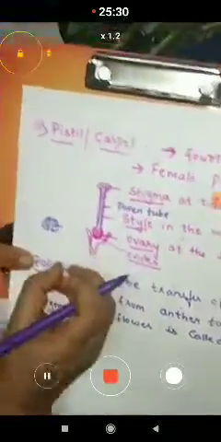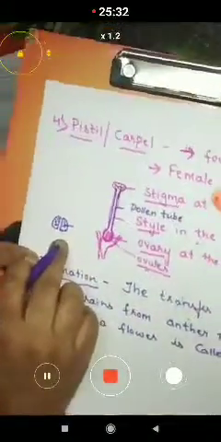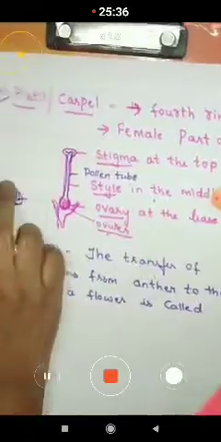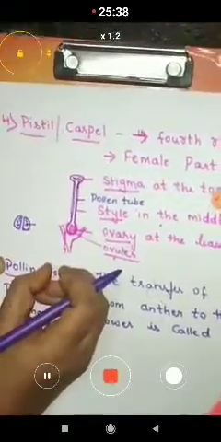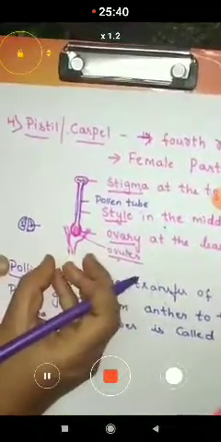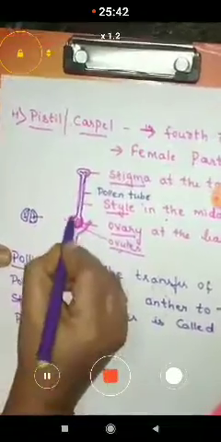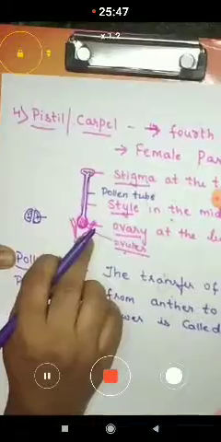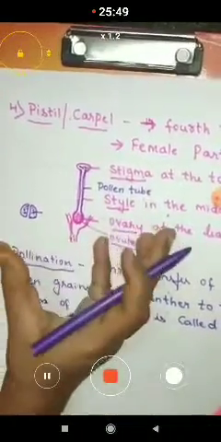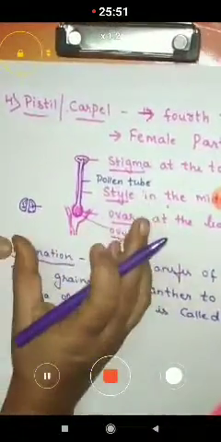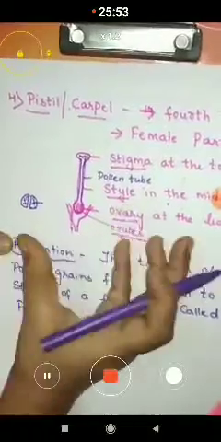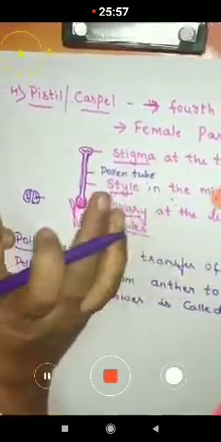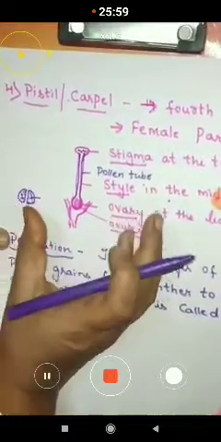They fuse together, and reproduction in the plant takes place. As it reproduces, what happens? Day by day, the ovary goes on swelling, and it changes into a fruit.